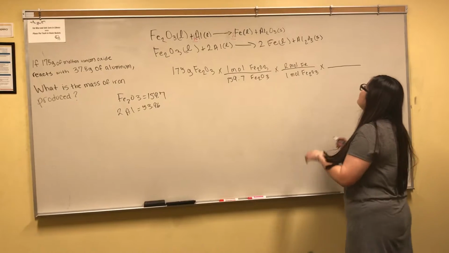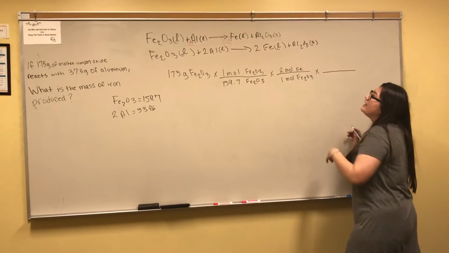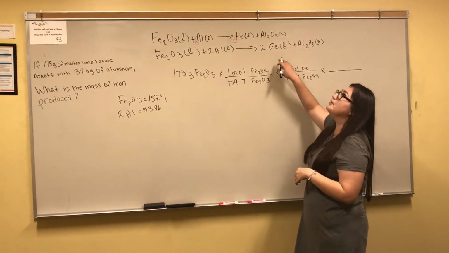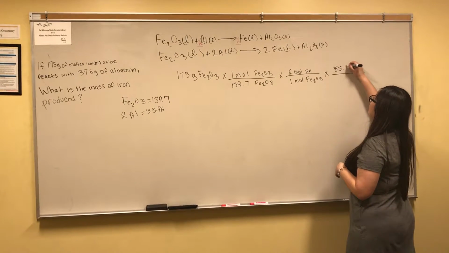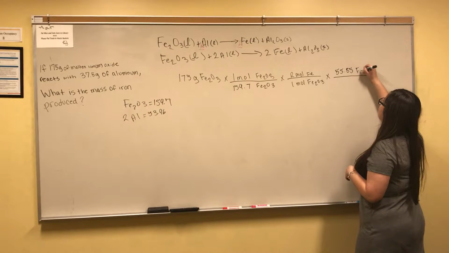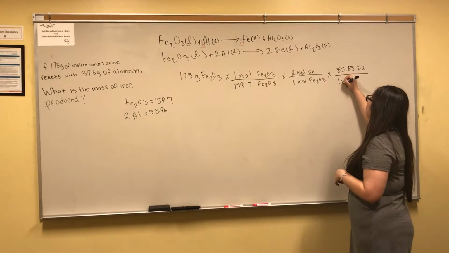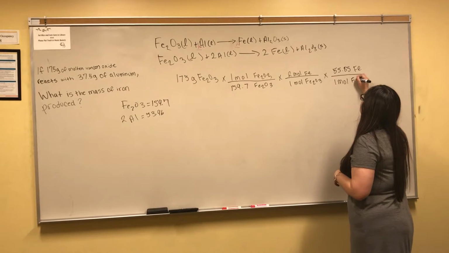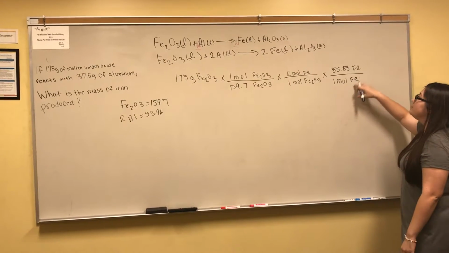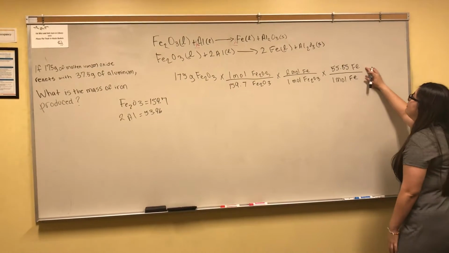Now you multiply by the molar weight of iron, which is 55.85 grams of Fe over 1 mole of Fe. So 1 mole of Fe is 55.85 grams of Fe.